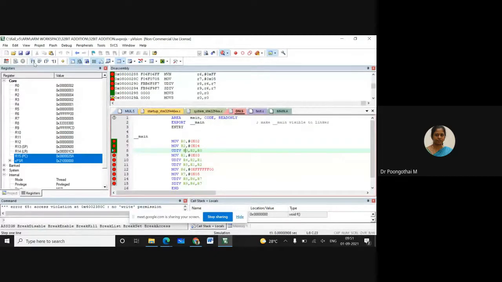So you complete all the programs. That is your 32-bit addition, 32-bit multiplication, division, subtraction, and logical operations, using LDR to get the data elements from the data section, and you try all this code.